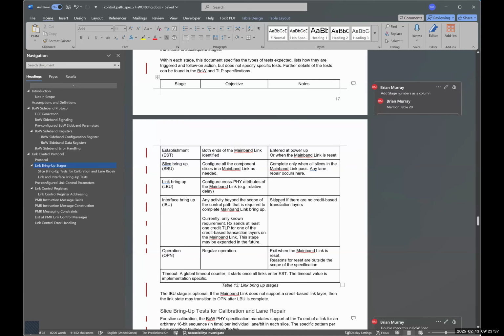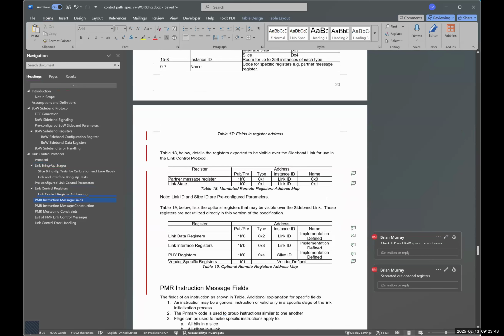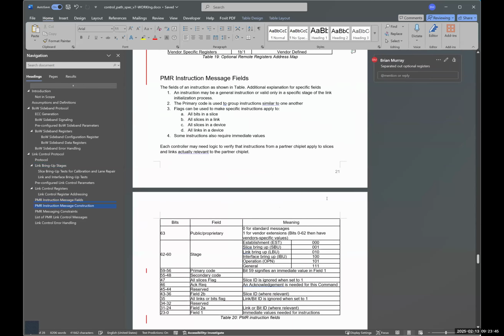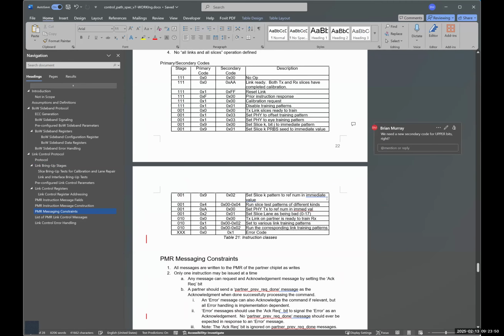Configure that component. And again, maybe you immediately move into SBU once powered. Let me make sure it's not mentioned here. Reset link.